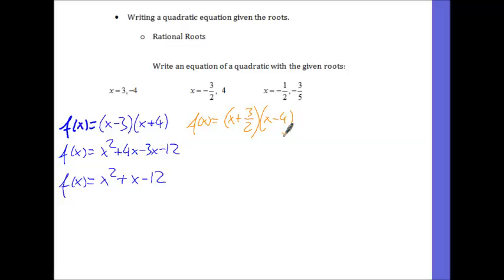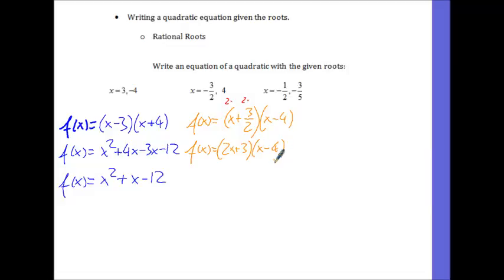Now that fraction in our first factor kind of bothers us, so the trick is, if we want to get rid of the fraction, we just multiply both terms by 2, and then we end up with f of x is equal to 2x plus 3 times x minus 4.